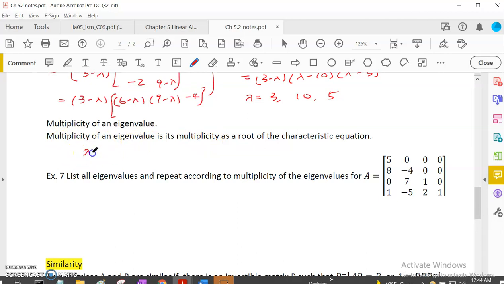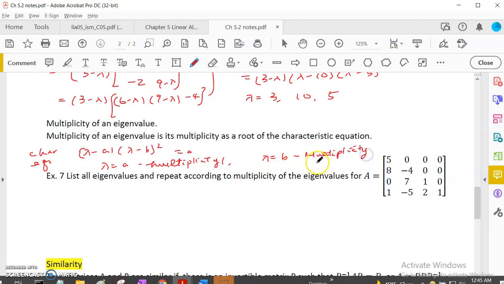So if I have lambda minus a times lambda minus b squared in my characteristic equation equal to 0, then we say lambda equal to a has a multiplicity of 1, but lambda equal to b has a multiplicity of 2. That means it shows up twice in the solution, in the equation.